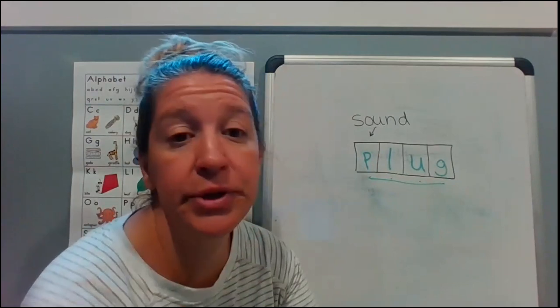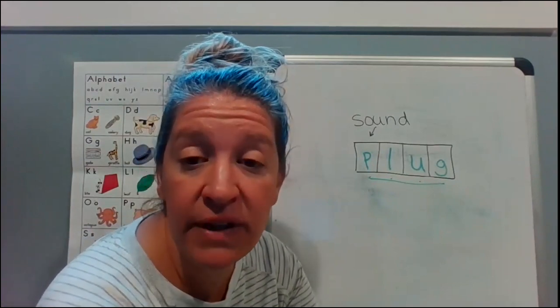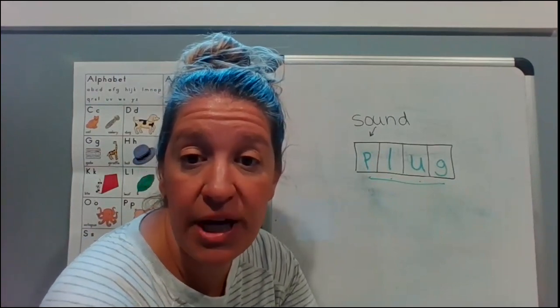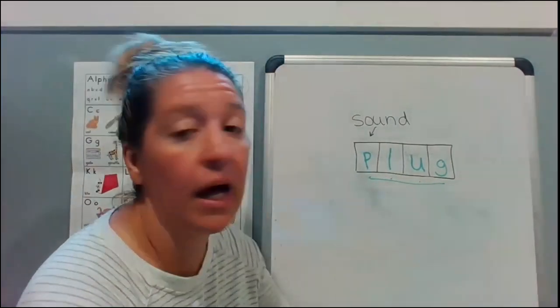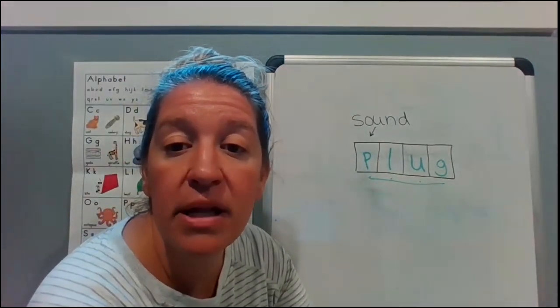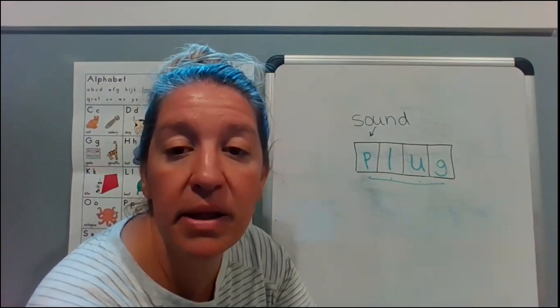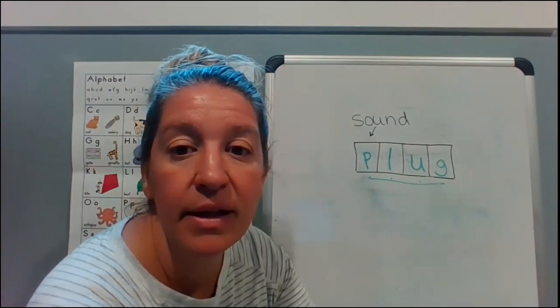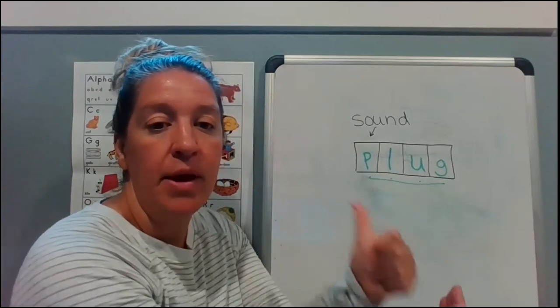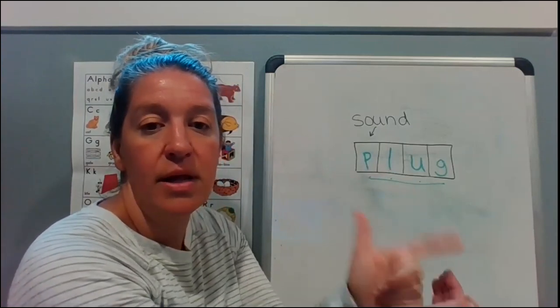We're going to change 1 letter in the word plug. I want you to listen really closely and see if you can figure out which letter you're going to change. You're going to go from plug to the word plum. I'm going to eat a plum for dinner. Plum. Let's stretch it out. Plum.